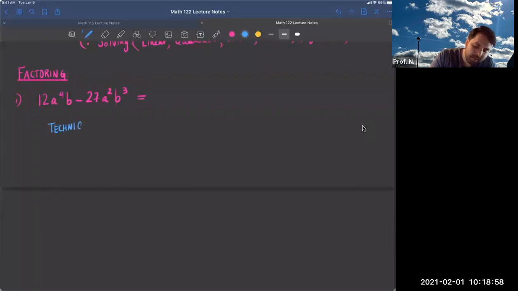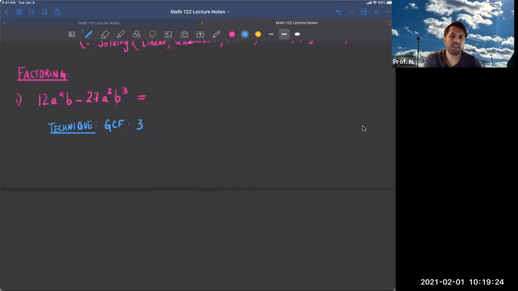Very good. So my technique is GCF, otherwise known as greatest common factor. So you need to find the greatest common factor between these 2 terms. So the greatest common factor would be what? So what do they have in common? They have a 3 in common, right? What else do they have in common though? Not just a 3. They both have a's in them.